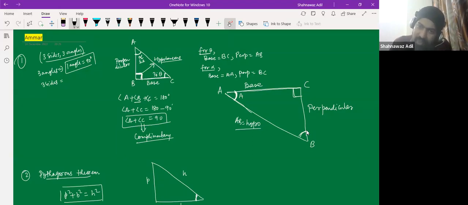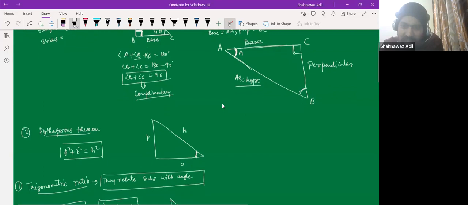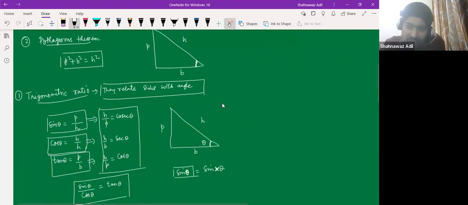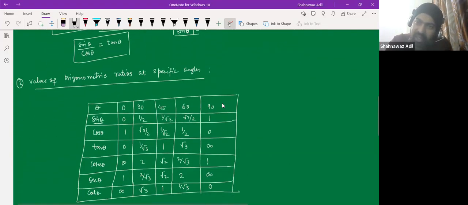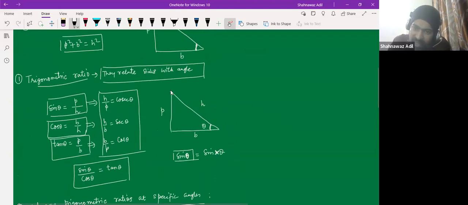Let's say I have this right angle triangle with this 90 degrees, so the hypotenuse is already there. If I pick this theta angle, then this would be the base and this would be the perpendicular, right?